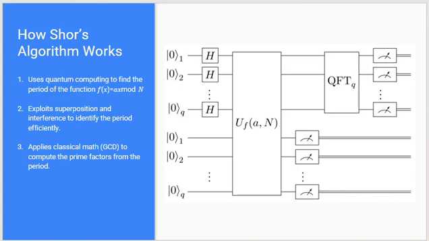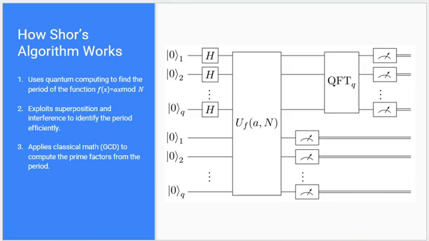And the last step is to figure out the factors. Once we know the pattern, we use some regular math, like GCDs, to find the secret building blocks, or factors, of the big number. The coolest part is step two, where the quantum computer uses superposition and interference to check lots of possibilities at the same time.